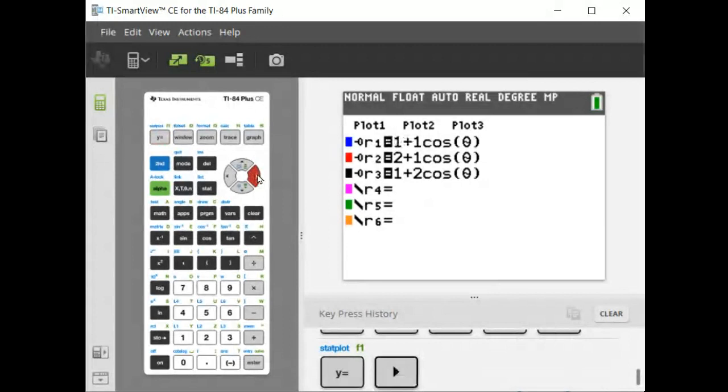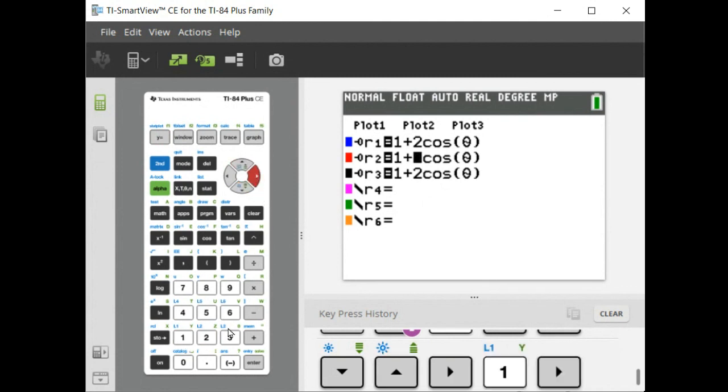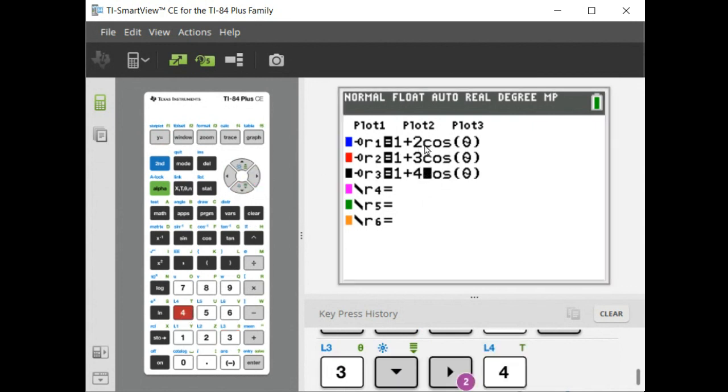You tell me what is the difference between them. I'm only going to change the values and see if you see a pattern that occurs when I change them. Okay, so the first one is 2, 3, and then 4.